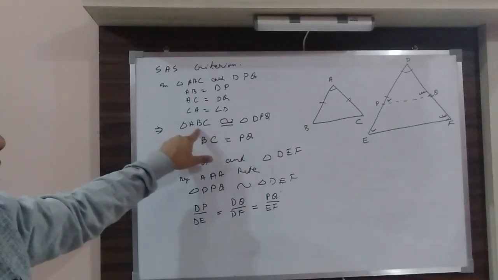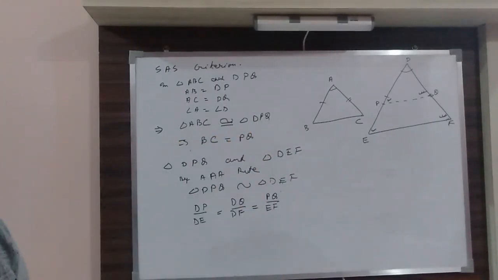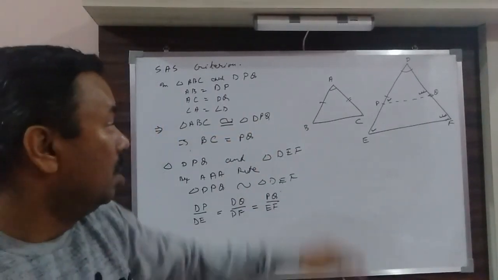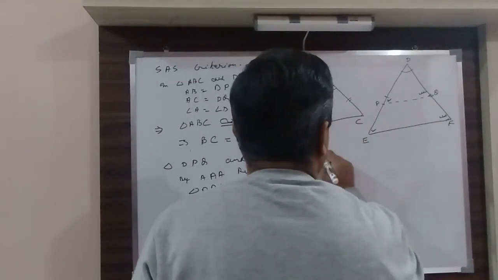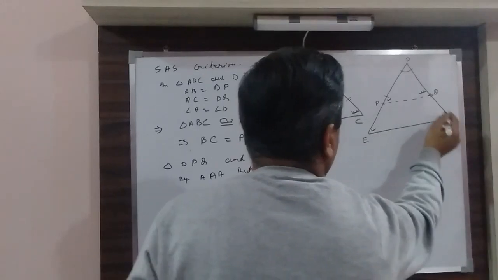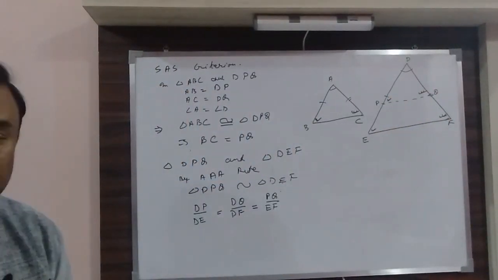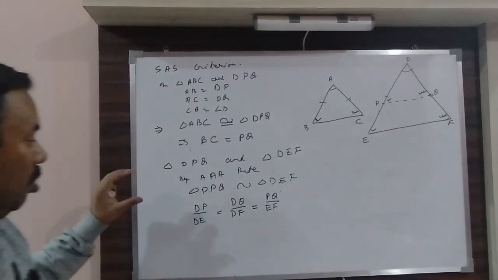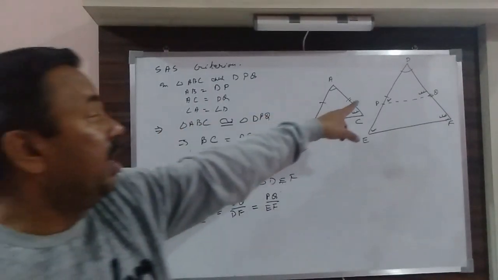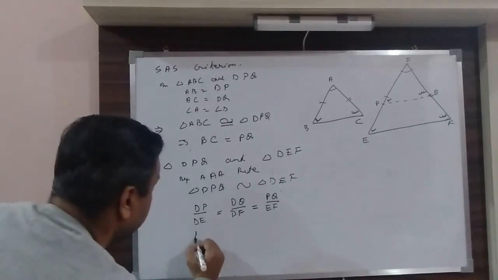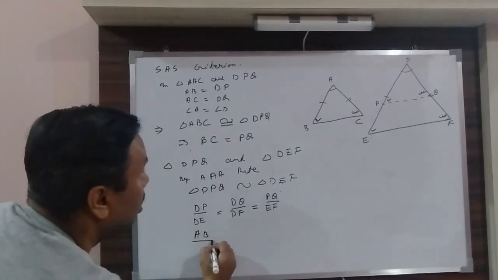Another thing, one more thing which I forgot here. If these two triangles are congruent, then the corresponding angles also will be equal. So this angle B will be equal to angle P, and this angle C will be equal to angle Q. Okay, so in place of DP, because DP I have taken to be equal to AB, I can write it as AB over DE.